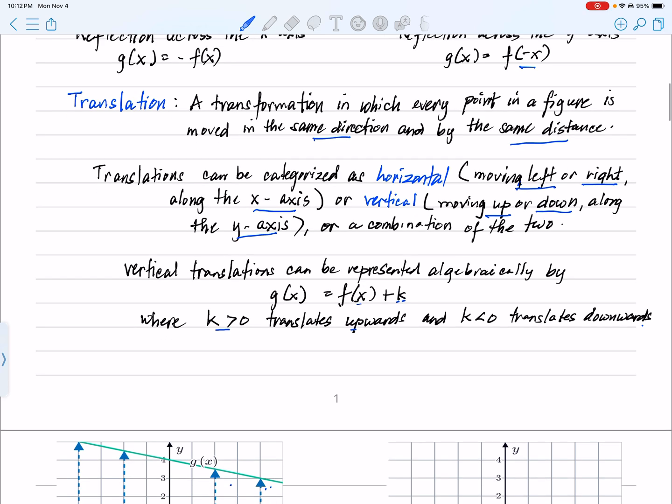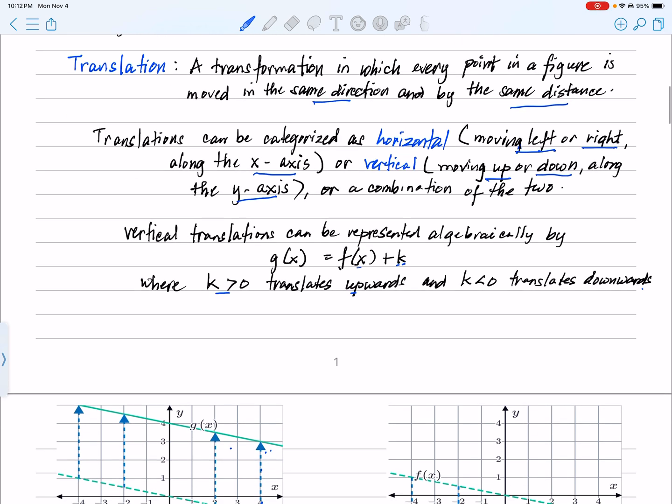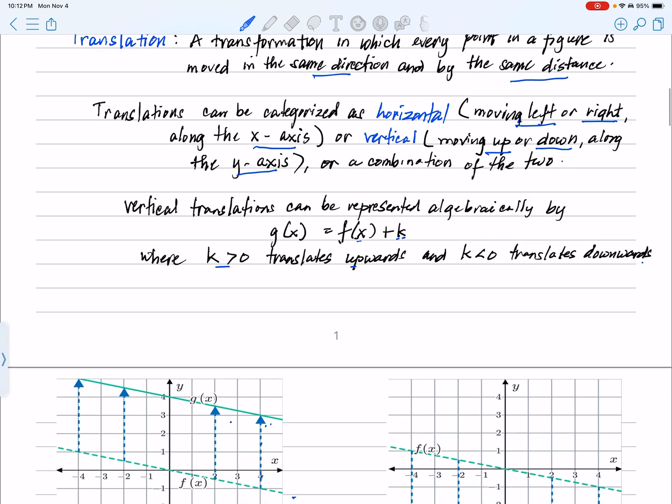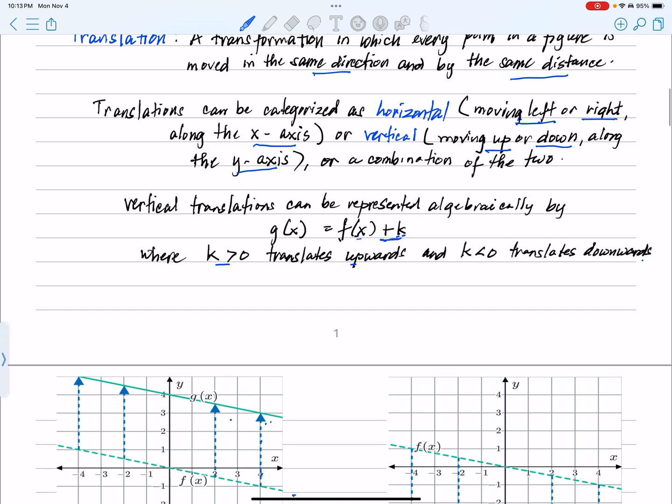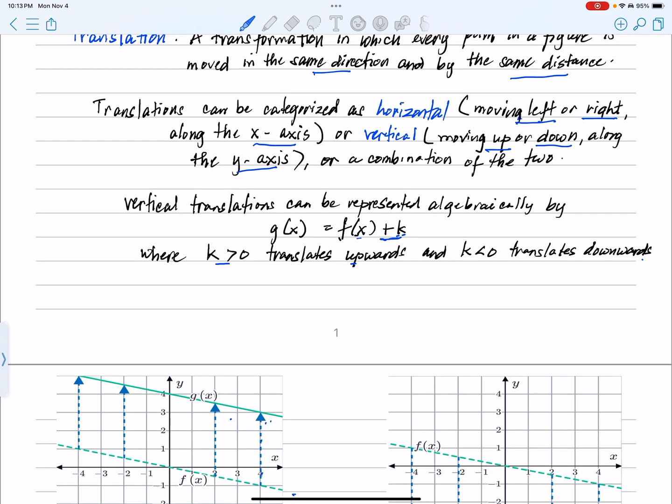A vertical translation can be represented algebraically by g of x equals f of x plus k. This k determines whether it translates upward or downward. When k is greater than 0, it translates upward.